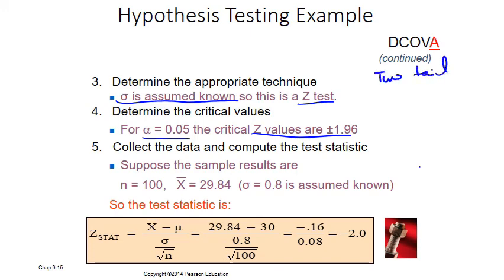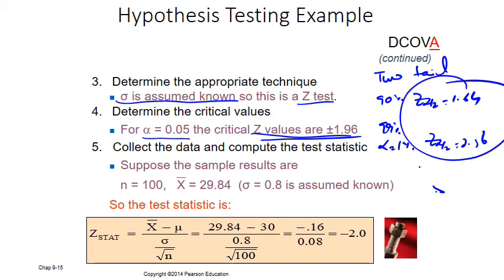For two-tail, we have already discussed that for 90% z alpha by 2 is 1.64, for 95% it is 1.96, and for 99%, or alpha 1%, z alpha by 2 is 2.56. You can directly use these values. If you are using alpha other than 1, 5 and 10%, then you can calculate it. Okay, so x bar is 29.84, sigma is 0.8, n is 100.